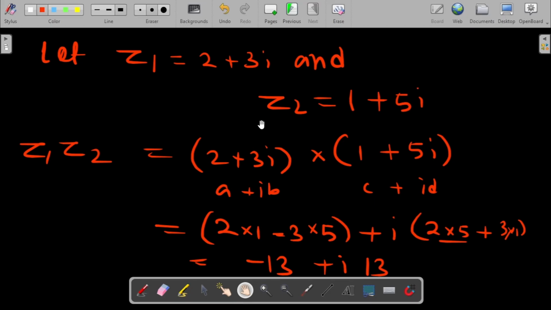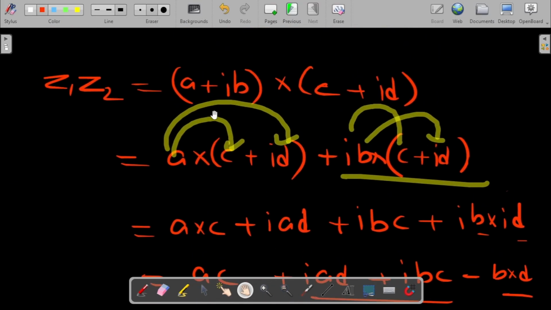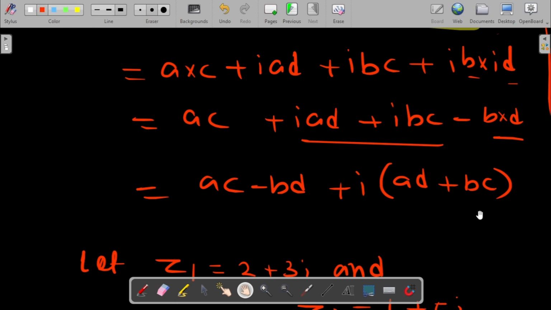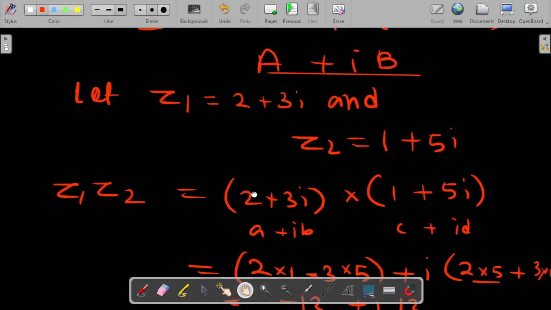Here I take two arbitrary complex numbers Z1 equal to A plus iB and Z2 equal to C plus iD. After multiplying, I get AC minus BD plus i(AD plus BC). So again it is in the form A plus iB, so it's again a complex number. So it satisfies the closure property.